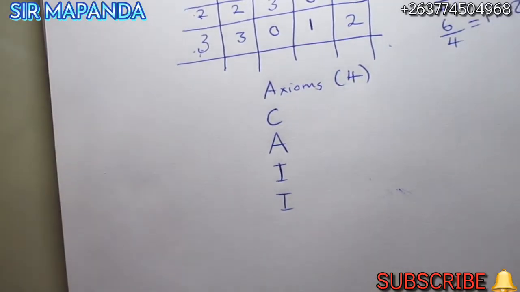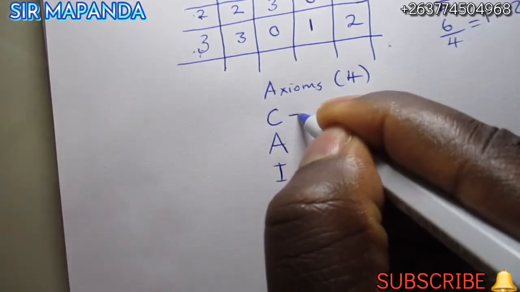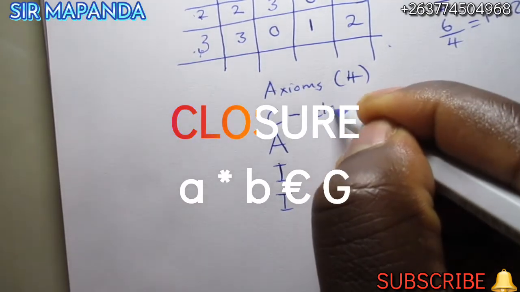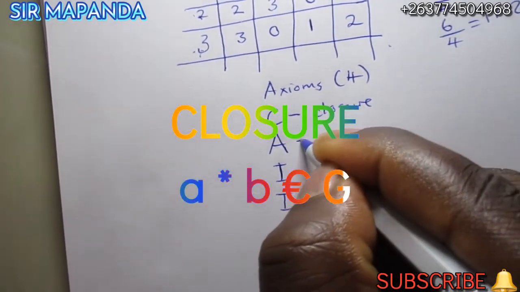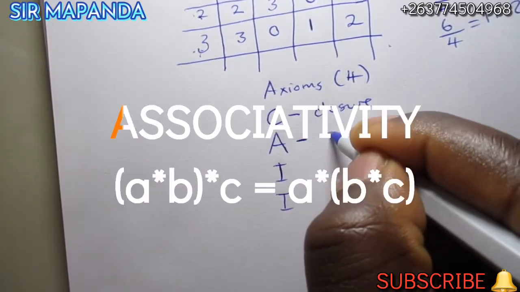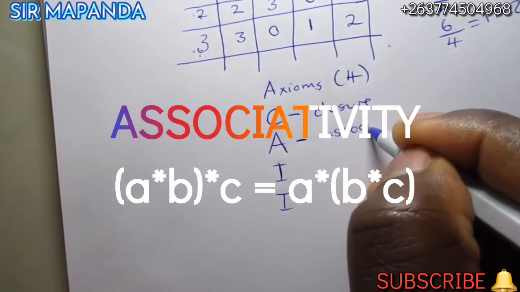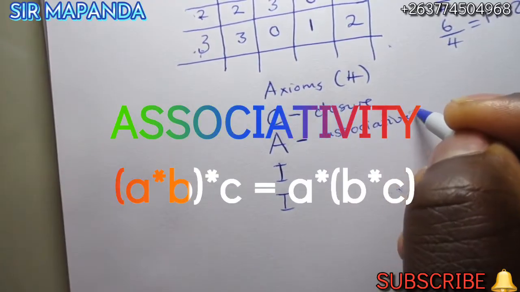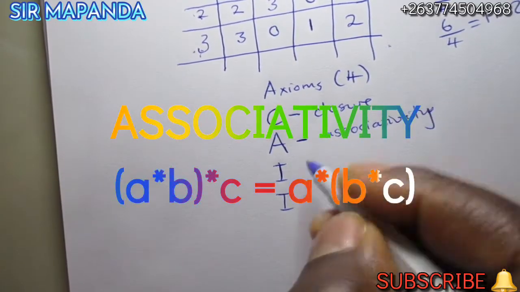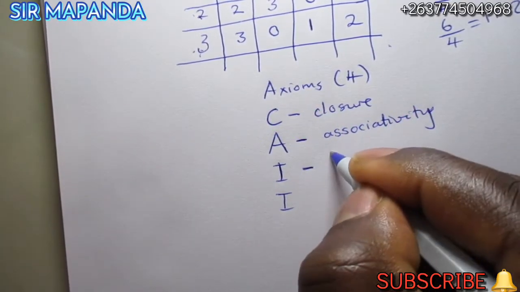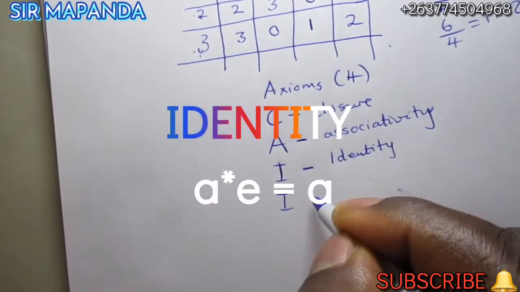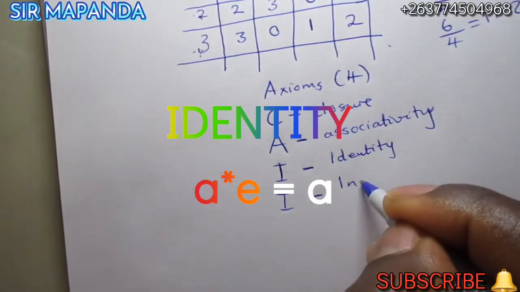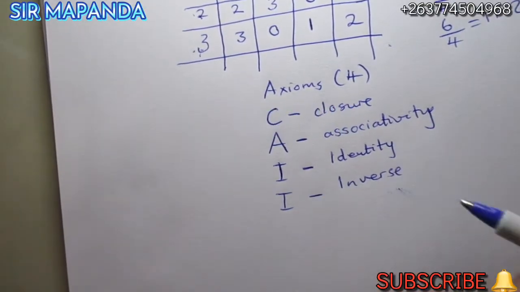I hope you are following. This capital letter C represents the axiom closure. This capital letter A represents the axiom associativity. I hope you are following, class. This capital letter I represents identity. And the last capital letter I represents inverse.